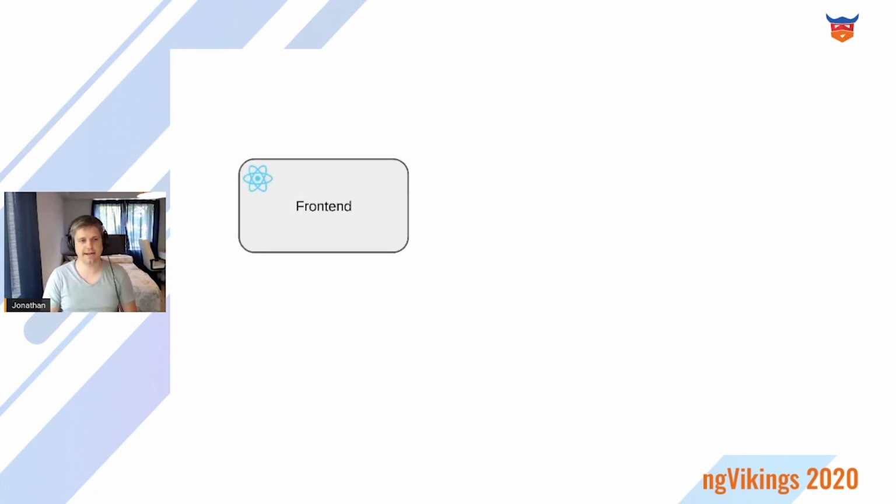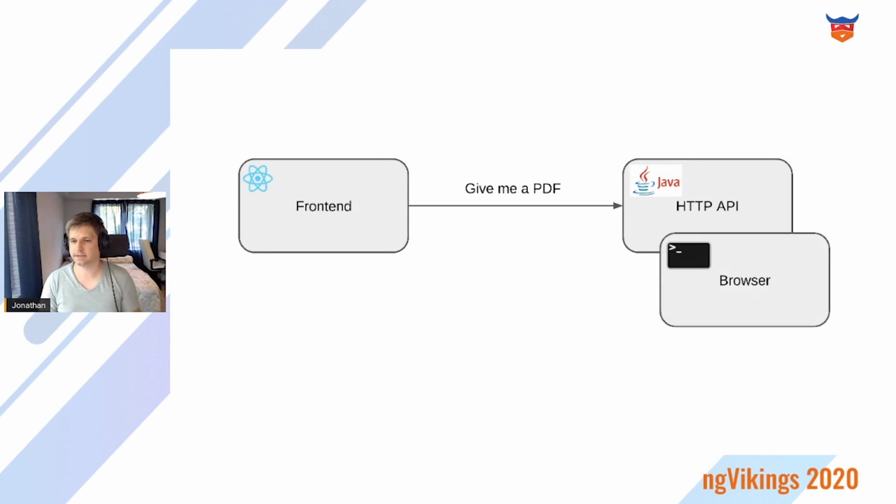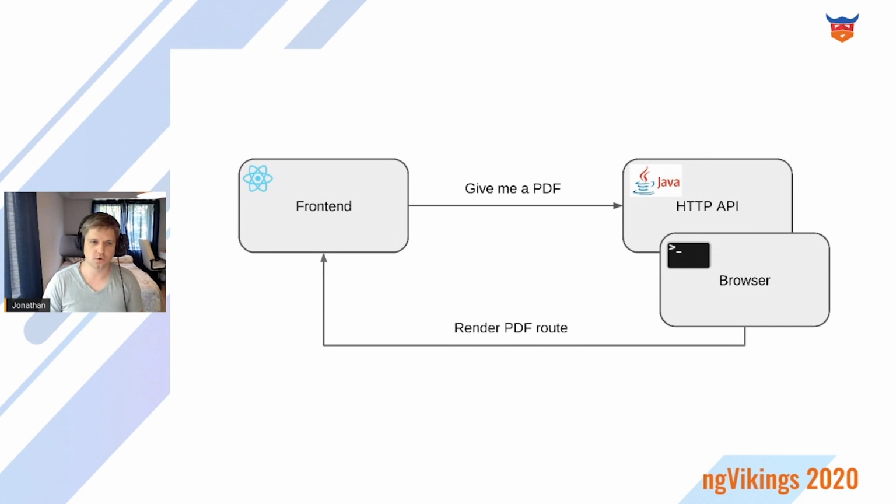The first of these was a React application with a Java backend. When the React application said, okay, now it's time to create a PDF, the Java application would shell out to a headless browser. This was a few years ago, and it was quite an ancient, unmaintained headless browser that then made a call back into the front-end application, rendering a special route to create the layout that we wanted for the letter.